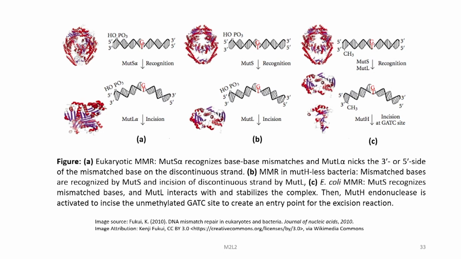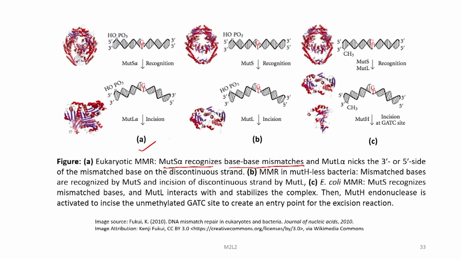So, in this figure, we can see the eukaryotic MMR, the MutS alpha, which recognizes base-base mismatches, and MutL alpha, which nicks the 3' or 5' side of the mismatched base of the discontinuous strand in figure A. In figure B, we can see the MMR in MutH-less bacteria. Mismatched bases are recognized by MutS and incision of the discontinuous strand by MutL.